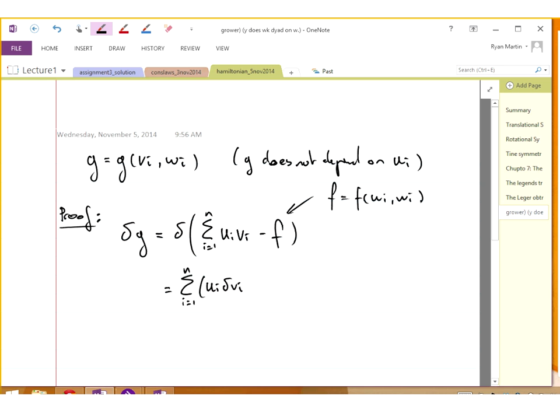Now remember, f is a function of the ui and the wi's, right? So when I do delta f, it's minus the sum i equals 1 to n, where the variation of f is ∂f/∂ui delta ui plus ∂f/∂wi delta wi.